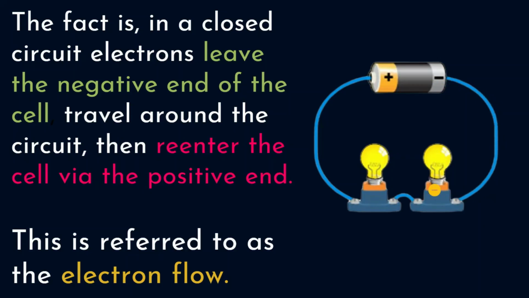The fact is, in a closed circuit, electrons leave the negative end of the cell, travel around the circuit, then re-enter the cell via the positive end. And this is referred to as the electron flow. But since all of the equations refer to the conventional flow of electrons, this is what you see in your texts all of the time.